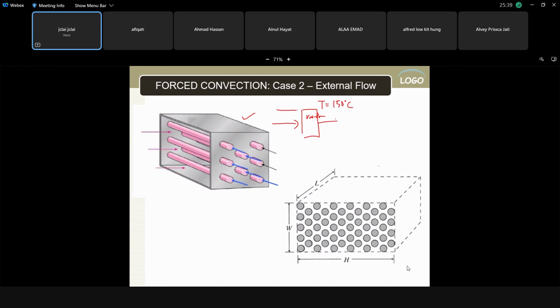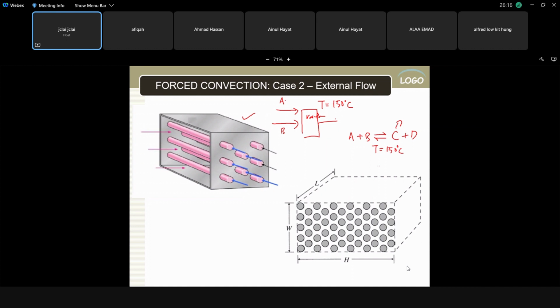Let's say you have A and B. So your reaction is A plus B, let's say it's reversible, so you will get C plus D. So in order to get maximum C, because this is the product you want, the optimum temperature is 150 degrees Celsius. So this is what you want, right?